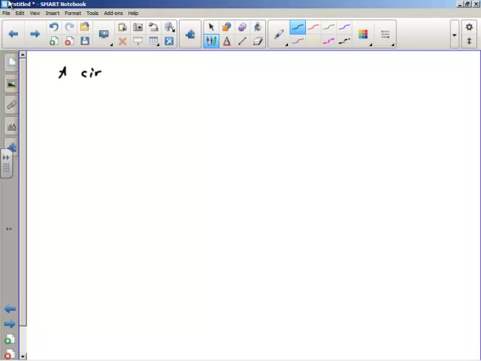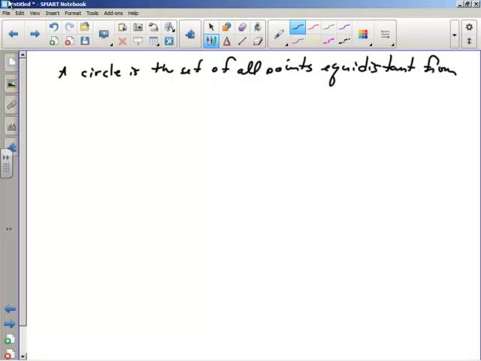The geometric description of a circle is the set of all points equidistant from a fixed point.